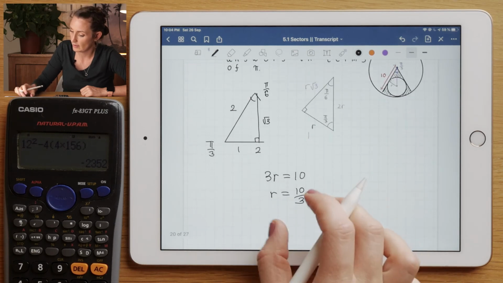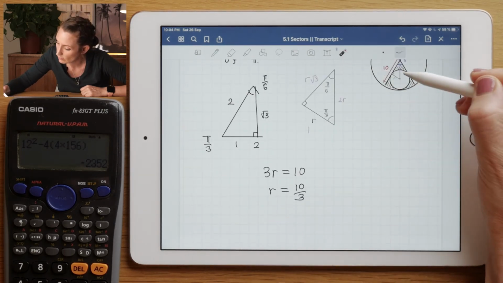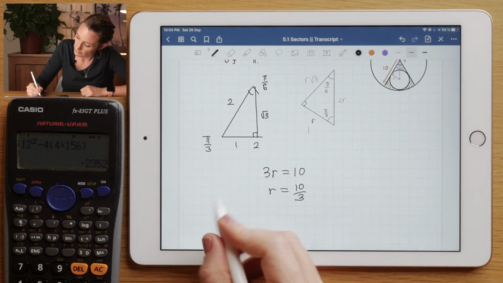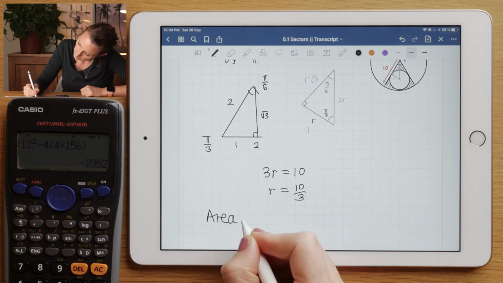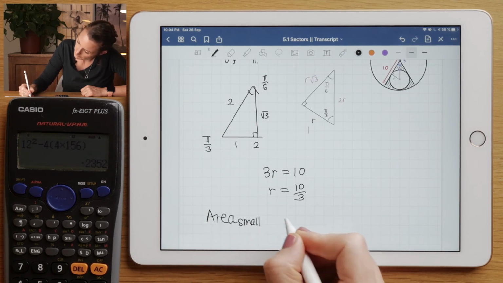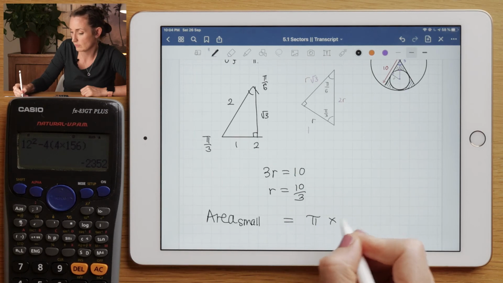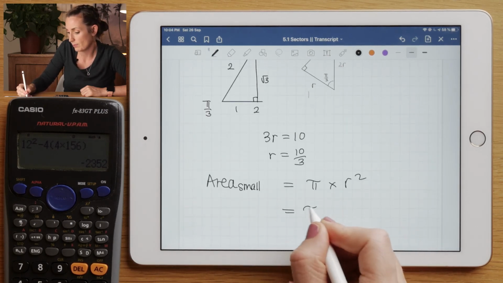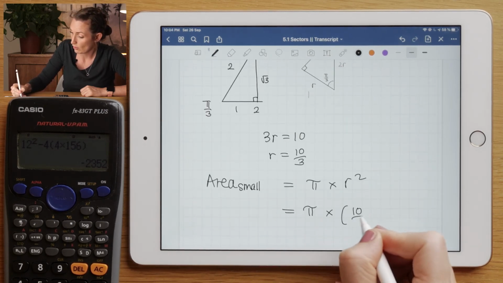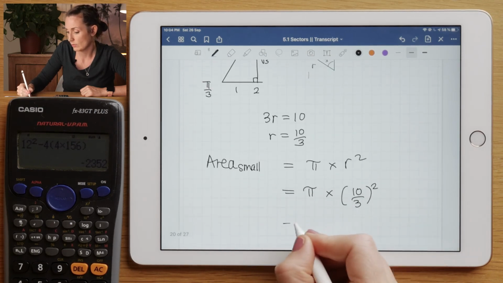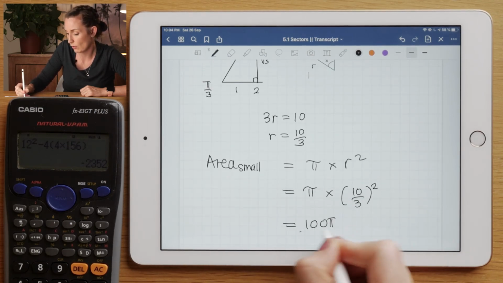Now we can do the calculation for the area of the small circle. We can say the area of the small circle is equal to pi times r squared. So it's equal to pi times 10 over 3 squared, which is 100 pi over 9.